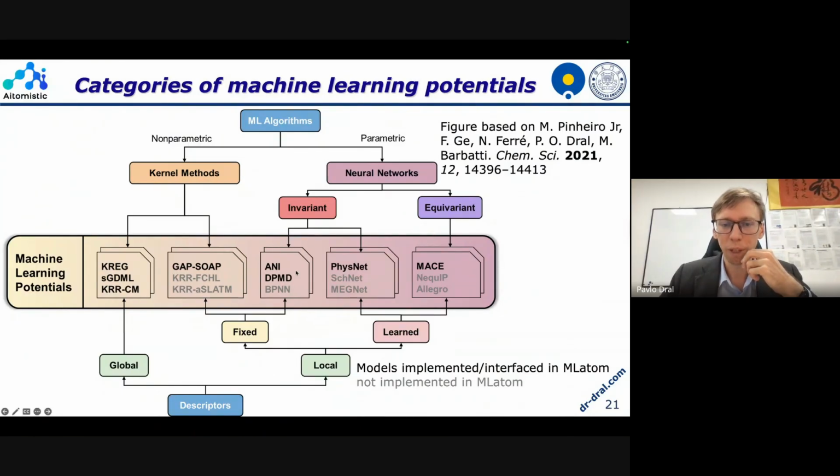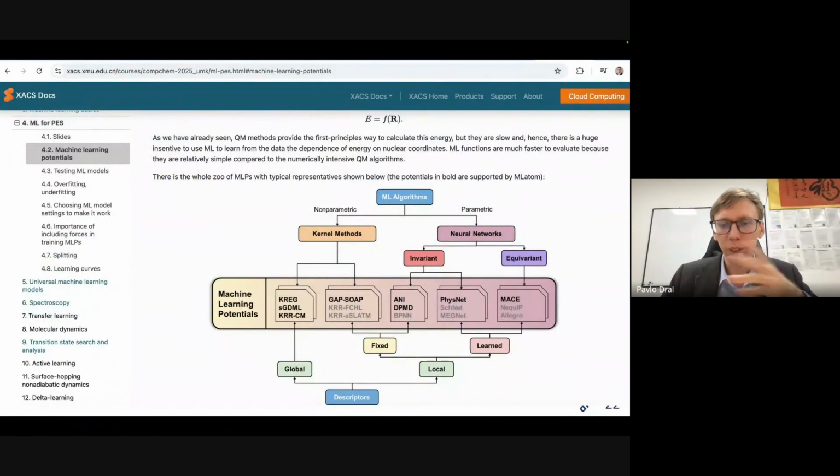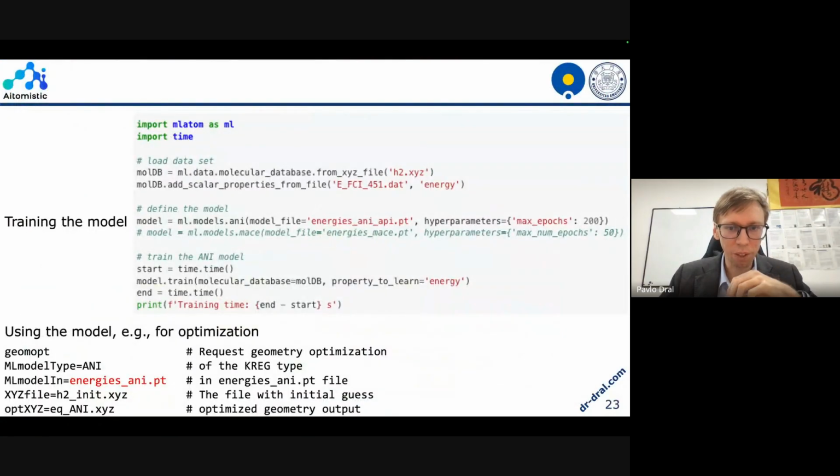So that's why you might fall back to some of these ANI networks, which we love to use because of our hardware issues. Right? So again, we have many implementations of these different potentials. So you can change method based on simple input and then use it. For example, geometry optimization. So that's very simple.